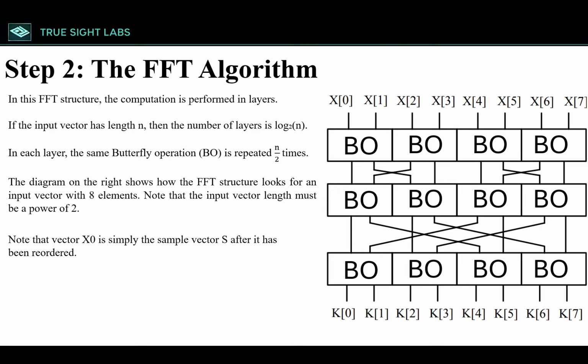More specifically, these butterfly computations are organized into layers. If the input vector has length n, then the number of layers will always be log base 2 of n. Within each layer, the butterfly operation is performed n over 2 times. The diagram to the right shows how the layer structure works.